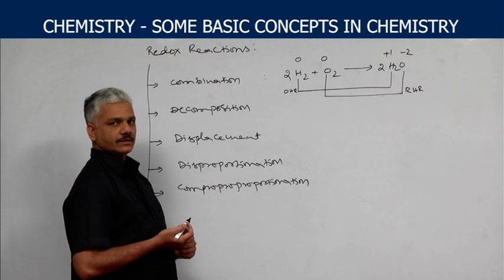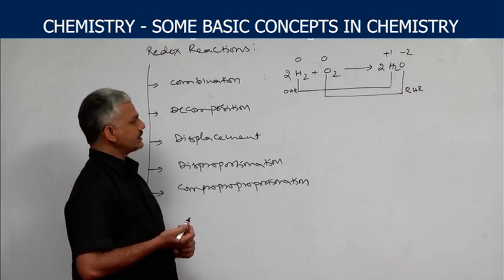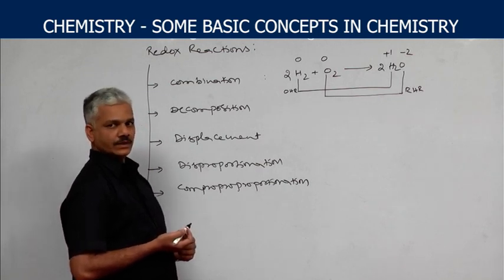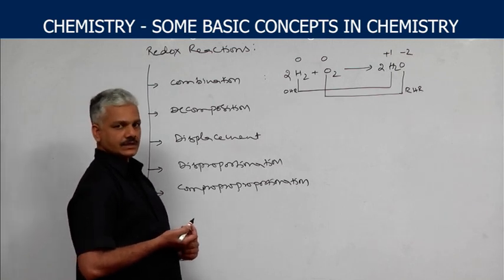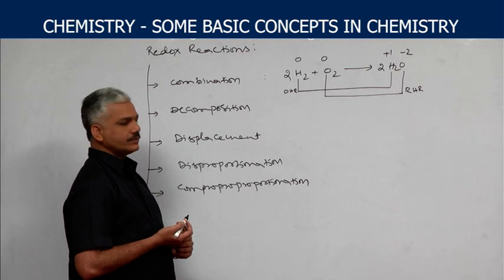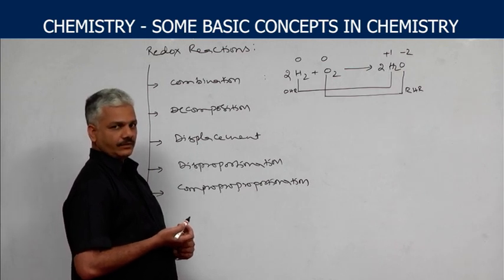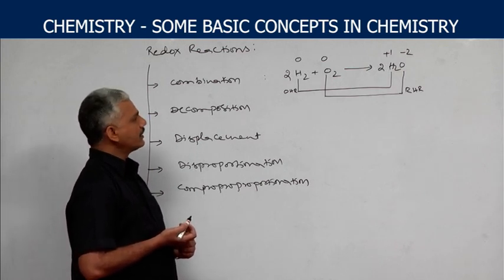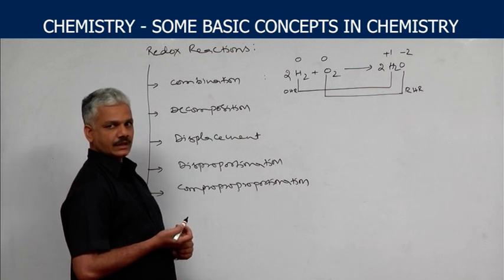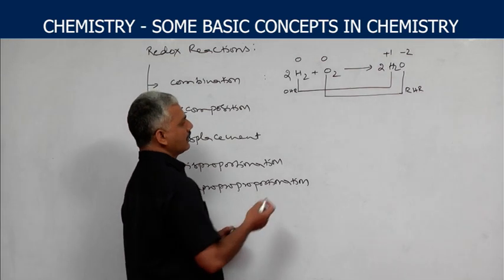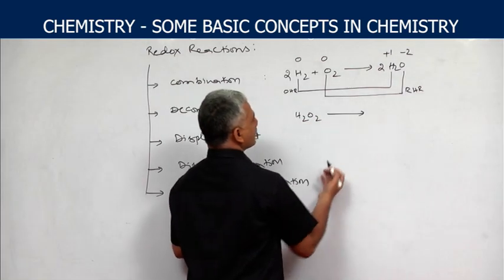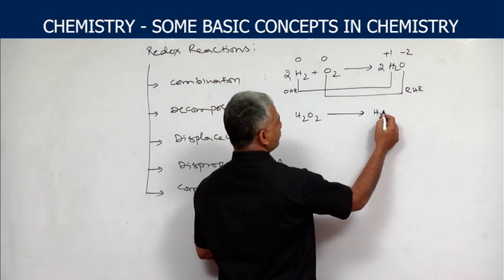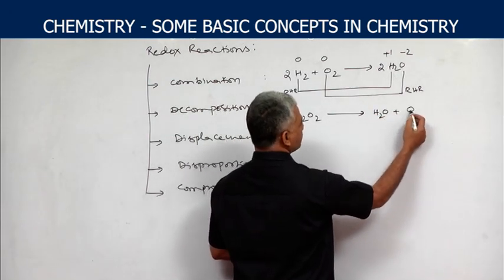Then decomposition redox reaction is quite opposite to combination. Here a compound dissociates to give two or more than two types of products, and both oxidation and reduction are involved in the reaction. Say for example, hydrogen peroxide dissociates to give water and nascent oxygen.